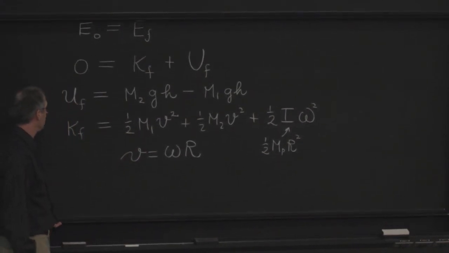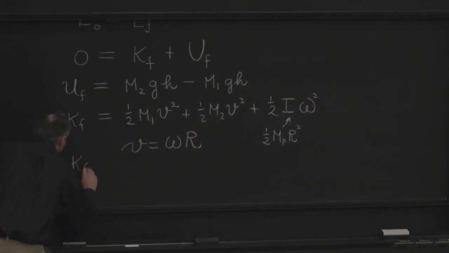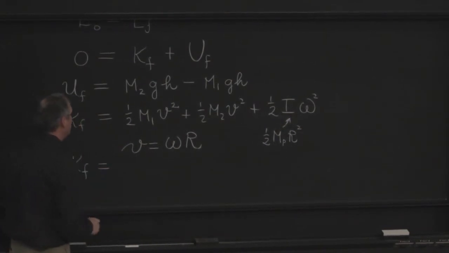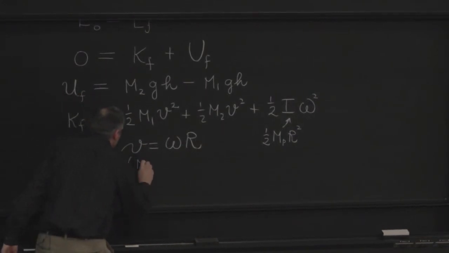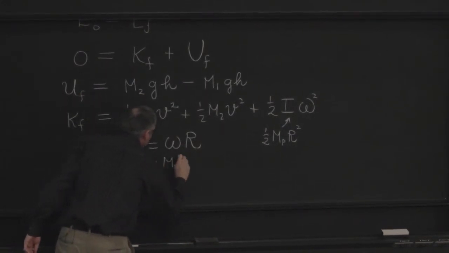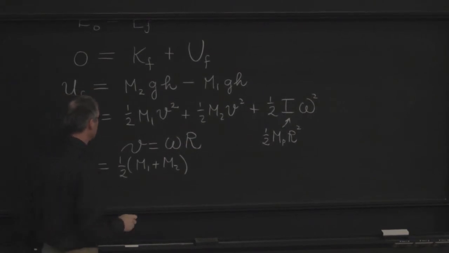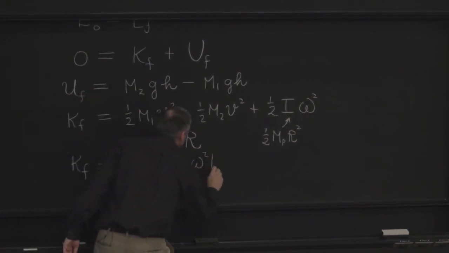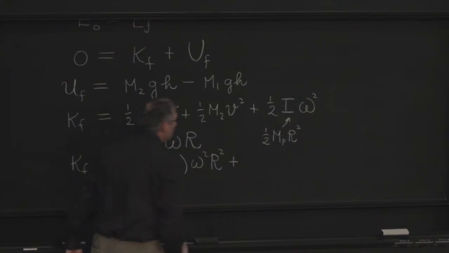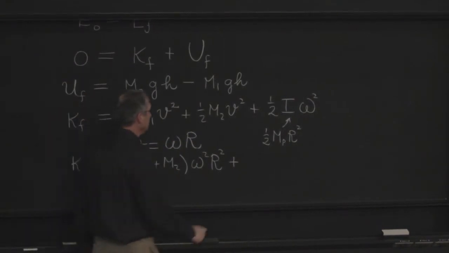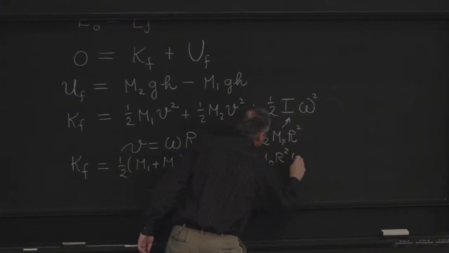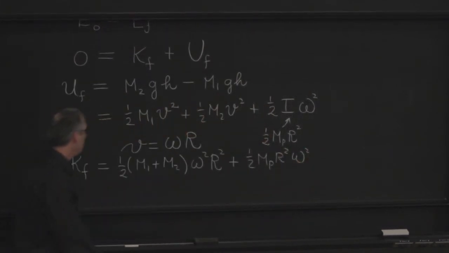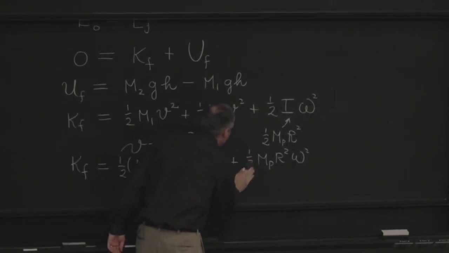So I will rewrite the kinetic energy here as 1/2 (m1 plus m2) times omega squared r squared plus 1/2 mp r squared times omega squared. Aha, so 1/4 would be better. Thank you.